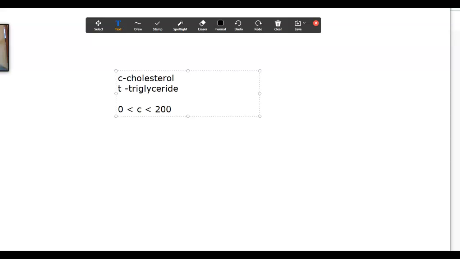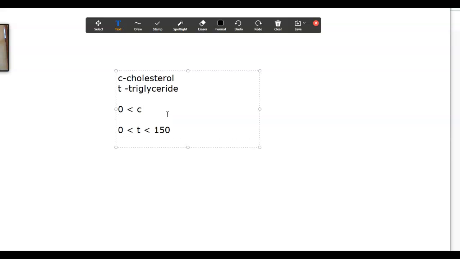Now we're going to talk about the triglyceride. It said the triglyceride levels should be below 150. Again, it can't be in the negatives, so it would be 0, T, and 150. Sometimes when we write these, we don't write them as a single inequality, we write them as two separate ones.